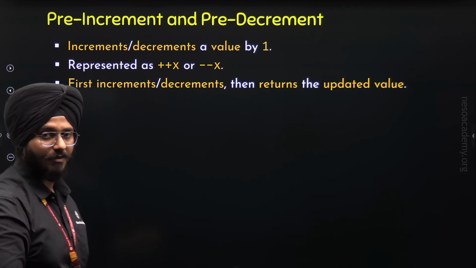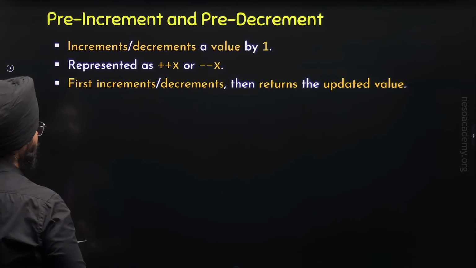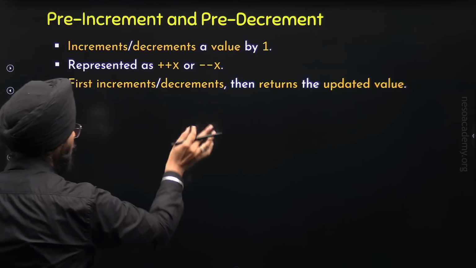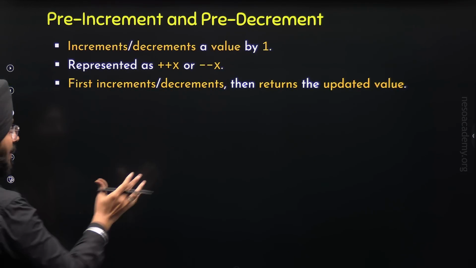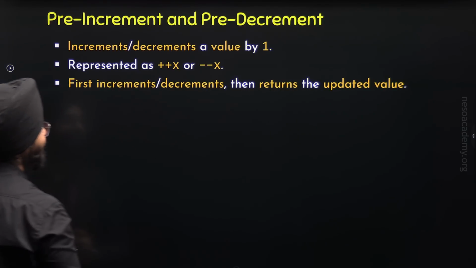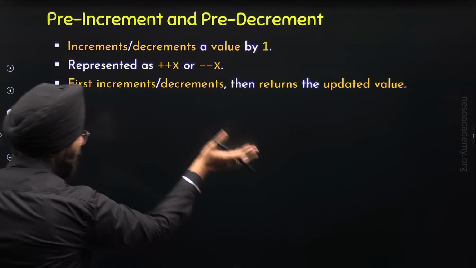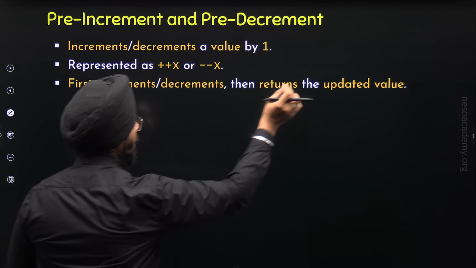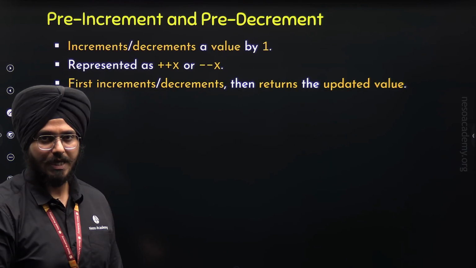That's what I have written here. So, in the case of the pre-increment operator, first the increment of the value happens. This means the value is incremented by 1. And then the updated value is returned. In the case of the pre-decrement operator, first the value is decremented by 1 and then the updated value is returned. I hope this point is clear to you.